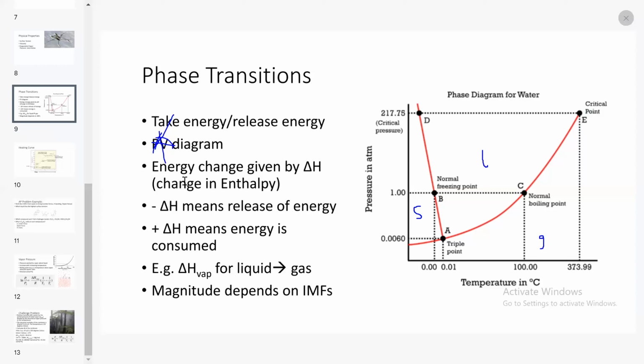Is it positive or negative? Just take a guess.